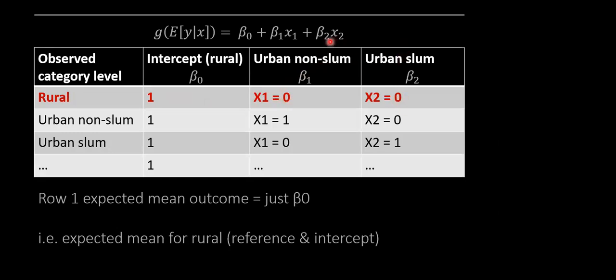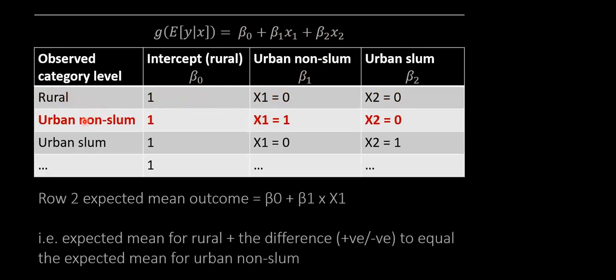So in the linear predictor, those betas get multiplied by 0 and drop out, and you're just left with beta 0, the intercept. That gives the expected mean for the rural category. So in this case, the intercept does have a meaningful, useful interpretation.